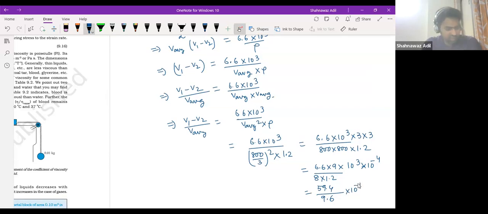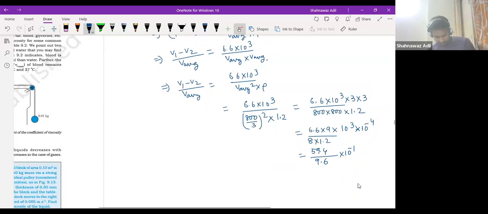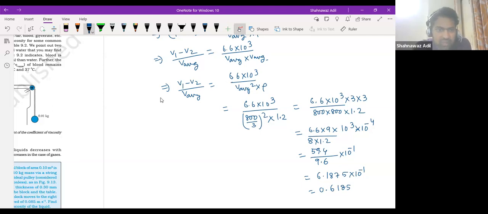If we calculate this, 59.4 divided by 9 is 6.185, right? I'm getting 6.1875 into 10 to the power minus, which is 0.61. This is the fractional change that I'm getting.